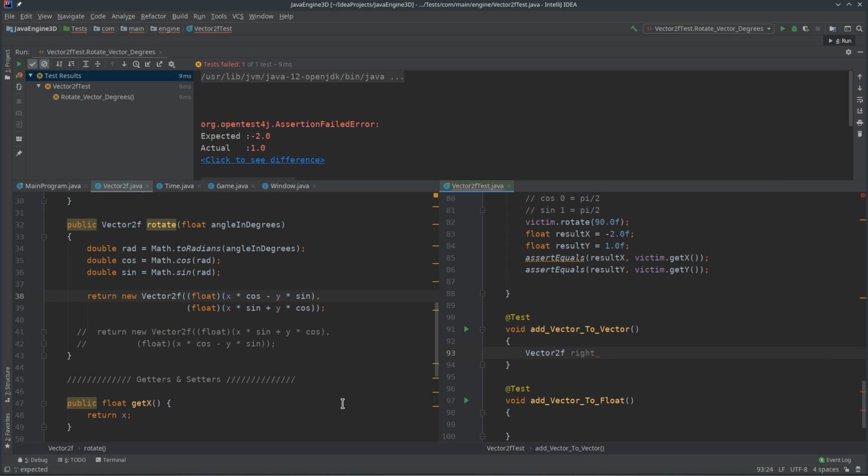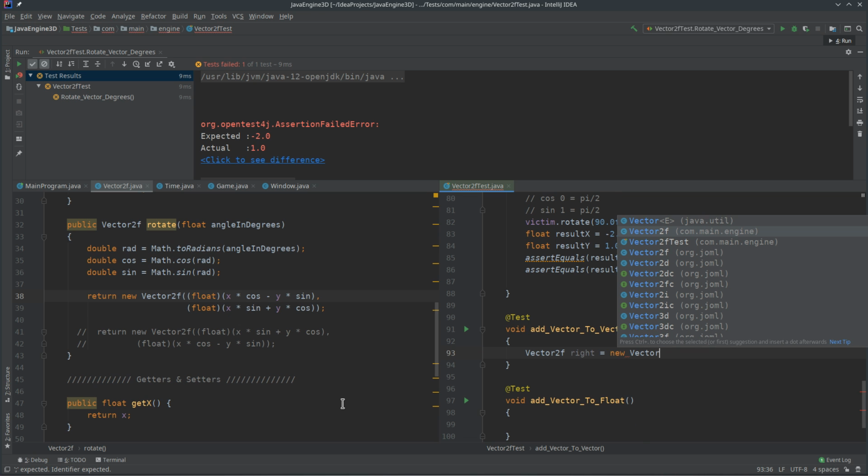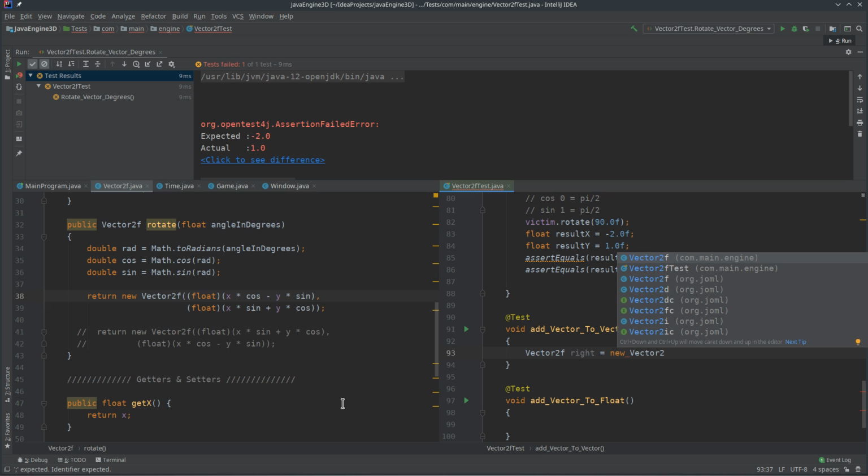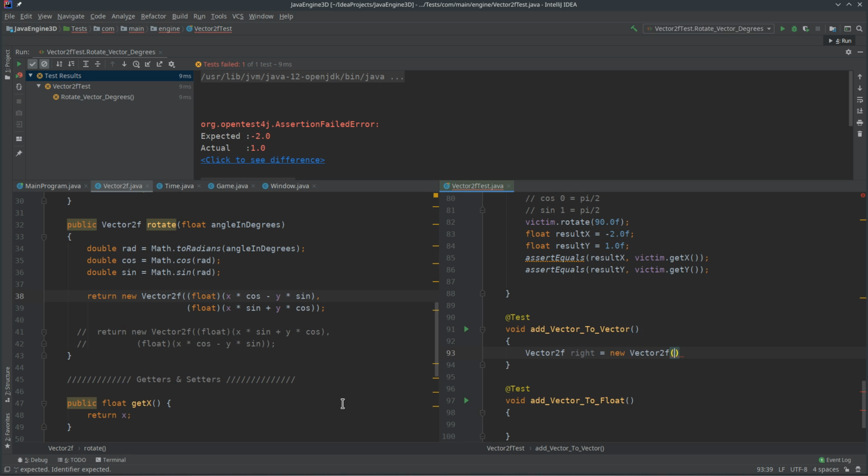Vector to vector, we would send, oh, we don't do that, it's testing, isn't it? Right equals a new vector to f, and let's choose a couple of whizzy numbers, 21.0f, I don't know, comma, minus 33.33f. There you go, there's a nice vector.